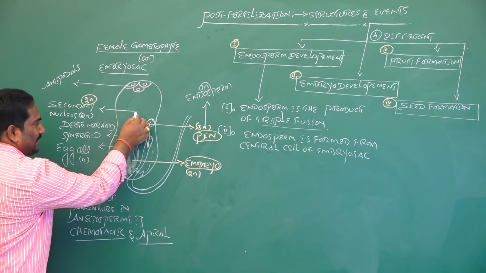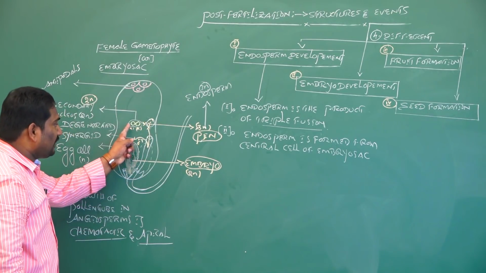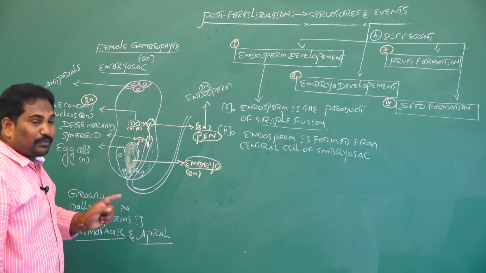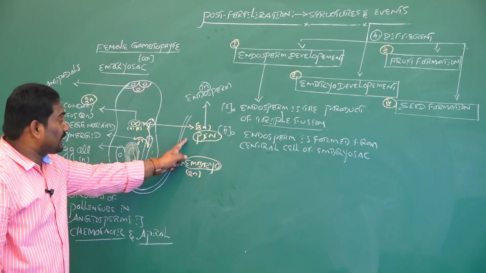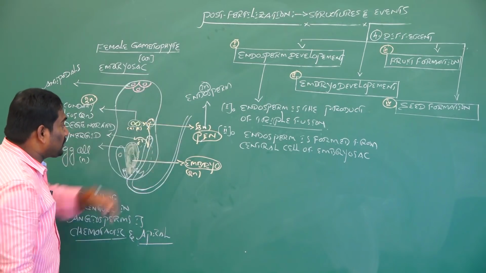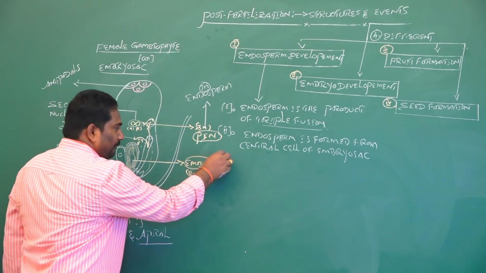The largest cell in the embryo sac is the central cell. The central cell has the secondary nucleus. It comes into physical contact with the haploid male gamete by the process of triple fusion to form the primary endosperm nucleus. The primary endosperm nucleus can develop into endosperm. That means endosperm is the product of the central cell of the embryo sac.